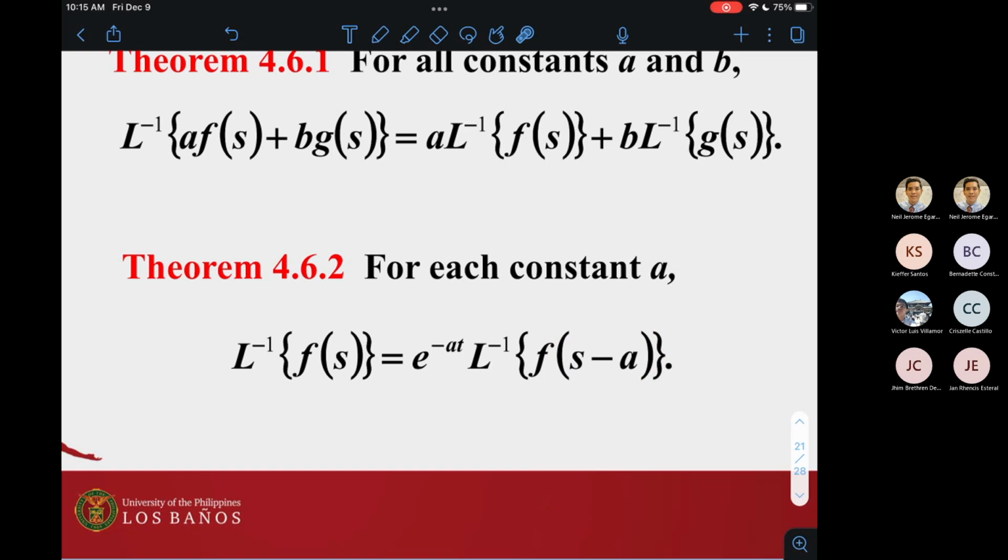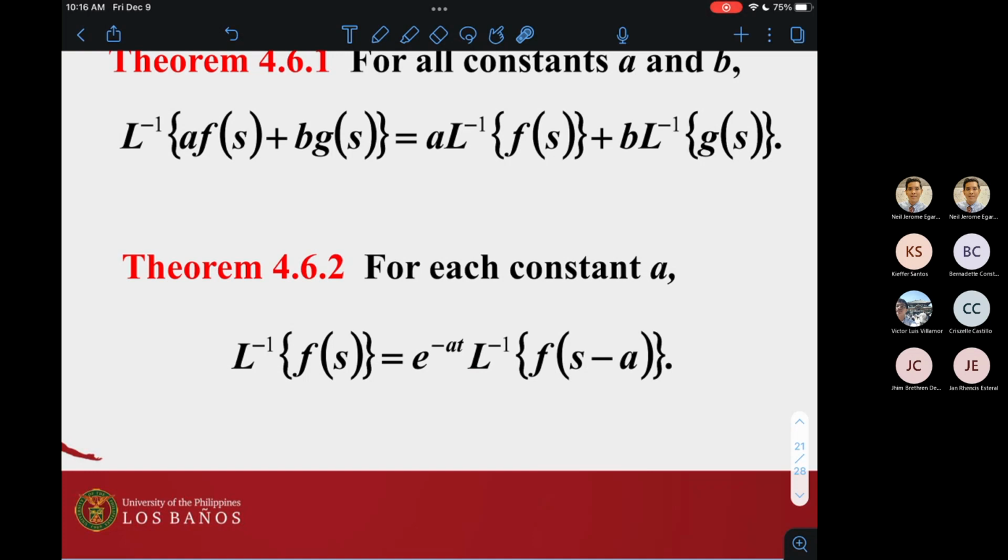We can translate the inverse Laplace transform a units to the left by introducing a multiplier e to the negative at. Okay? So pag minultiply mo yung inverse Laplace transform ni f of s minus a by e to the negative at, makukuha mo lang ay yung inverse Laplace transform ni f of s. So I'll show you later how useful theorem 4.6.2 is.